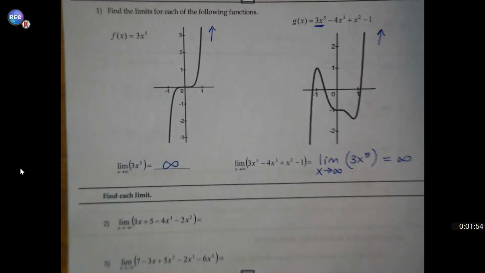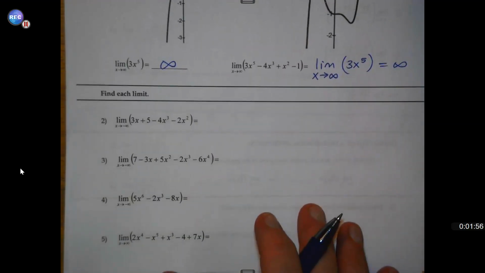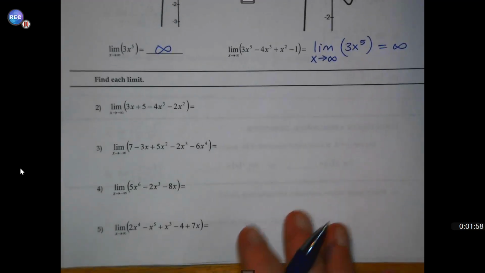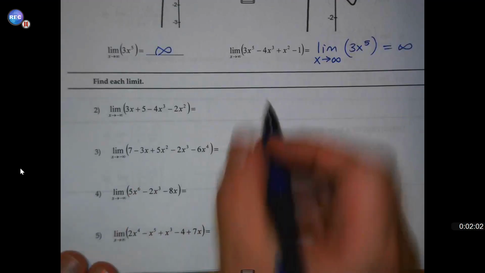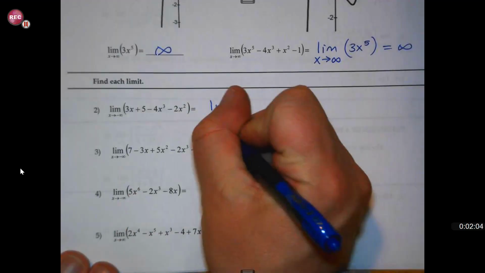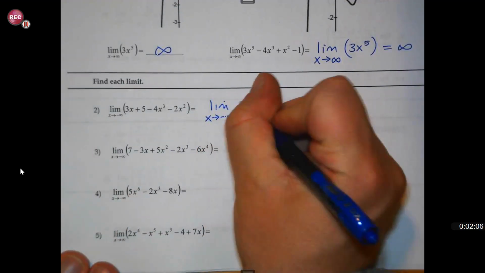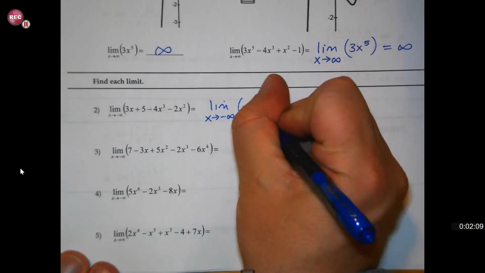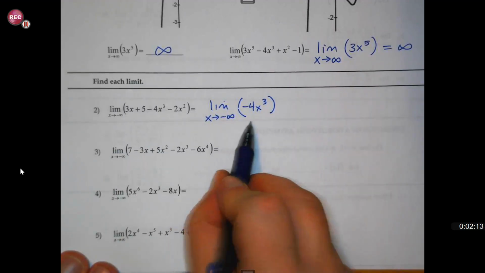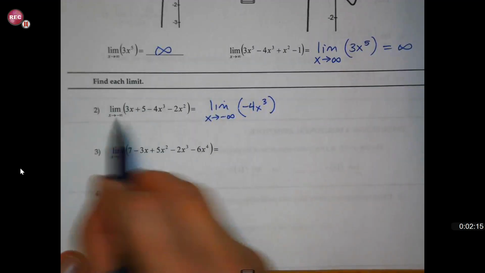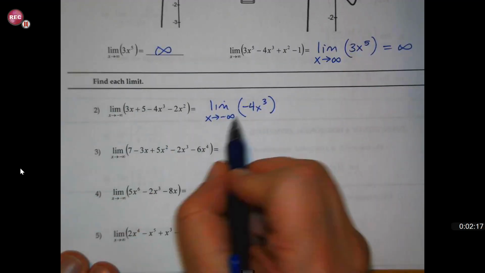All right, so keeping that in mind, we should be able to figure out these limits pretty easily. So here's a polynomial. The terms aren't in the correct order, so I'm just going to focus on the term with the highest power. It should be negative 4x cubed. So I could use that term to get the value of the limit for the entire function.